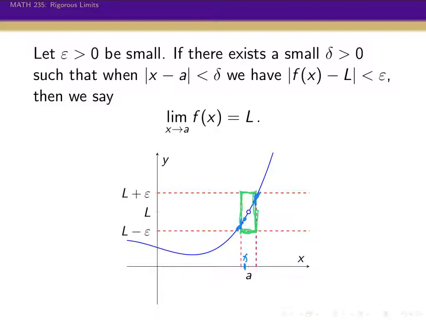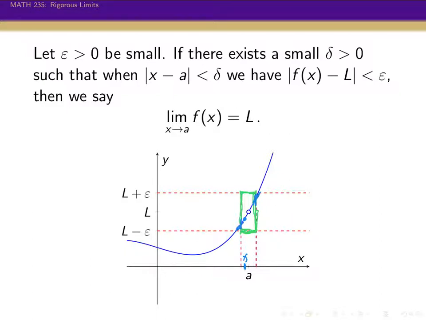Okay, because between these two left and right sides, the function has to stay below the top and above the bottom. That's the L plus epsilon and the L minus epsilon. If the function is staying between those two while it's inside the box, that means we have kept the values of the function close to L all the way across.